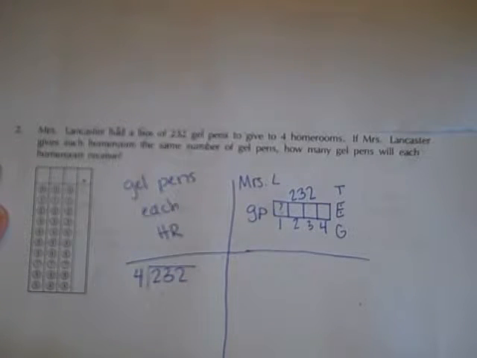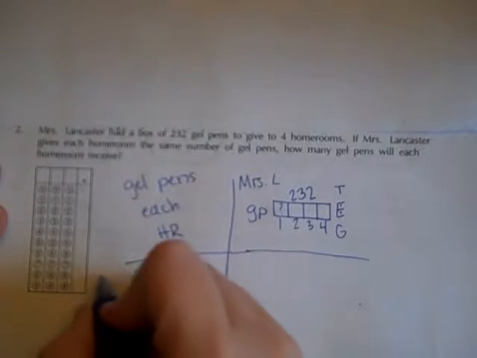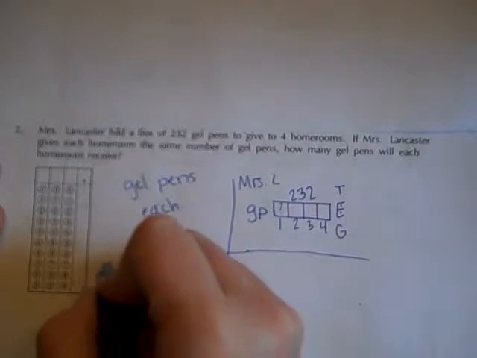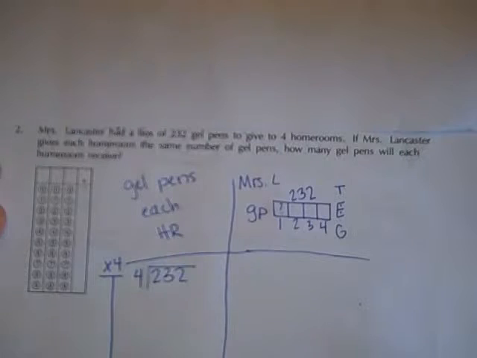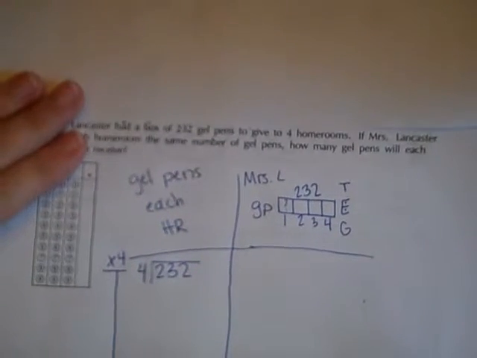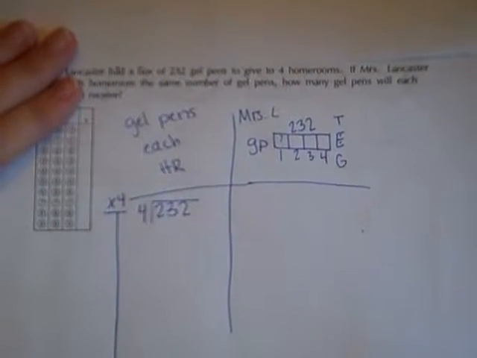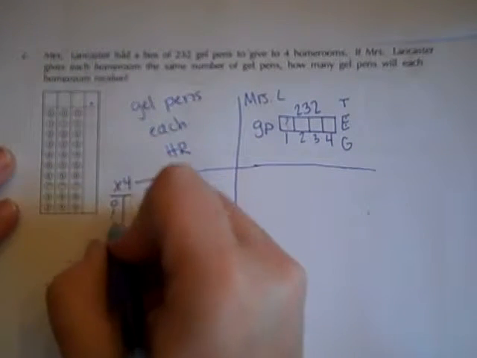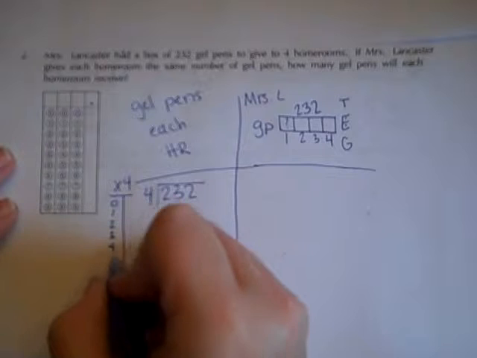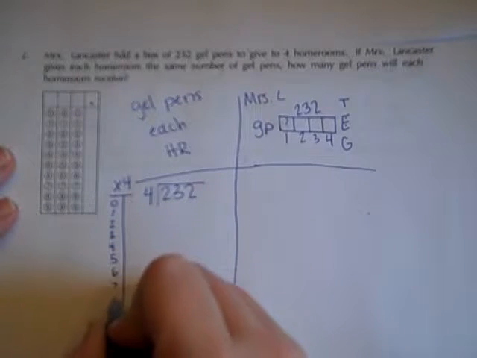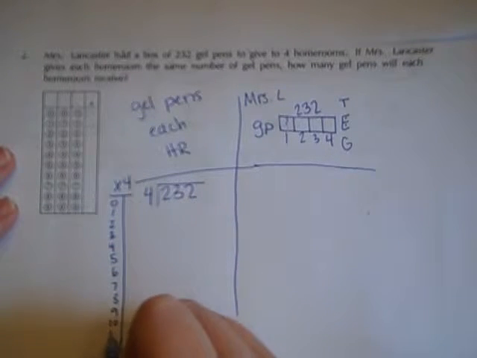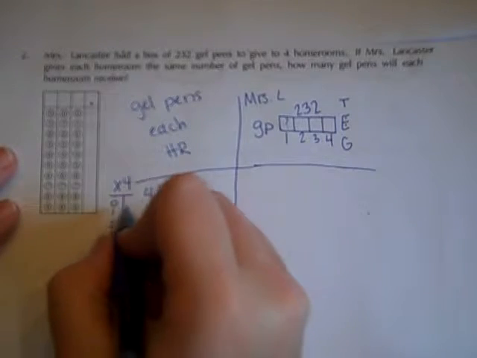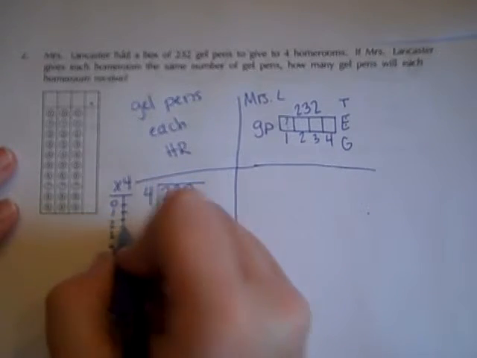Okay, the first thing we need to do is to make a T-chart of all of our times 4s. So I've got 0, 1, 2, 3, 4, 5, 6, 7, 8, 9, 10, 11, and 12. And then 1, 2, 3, 4.